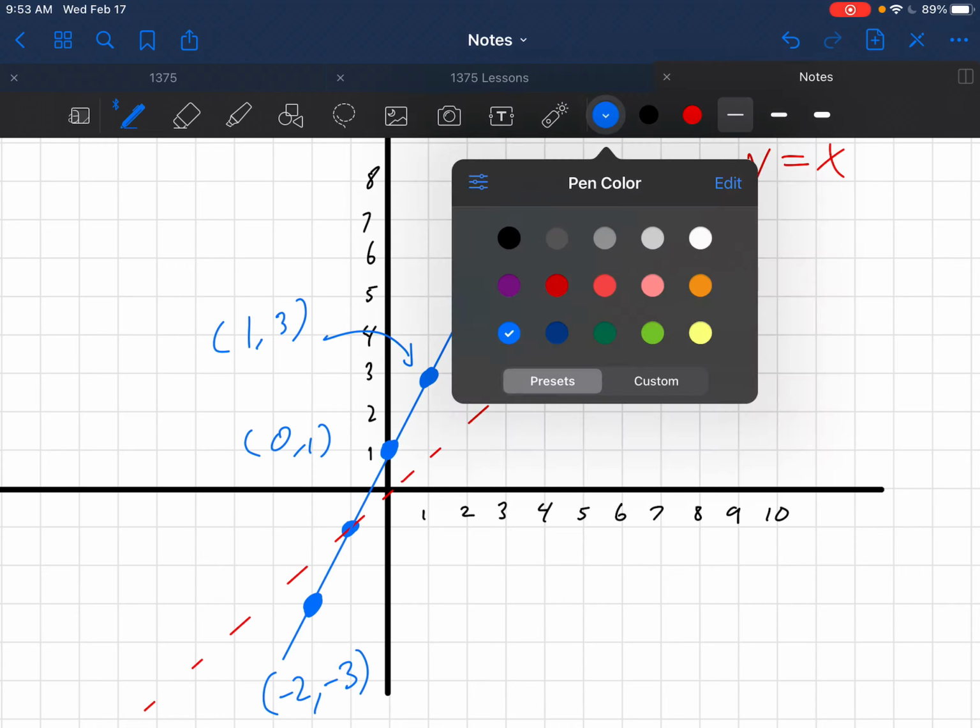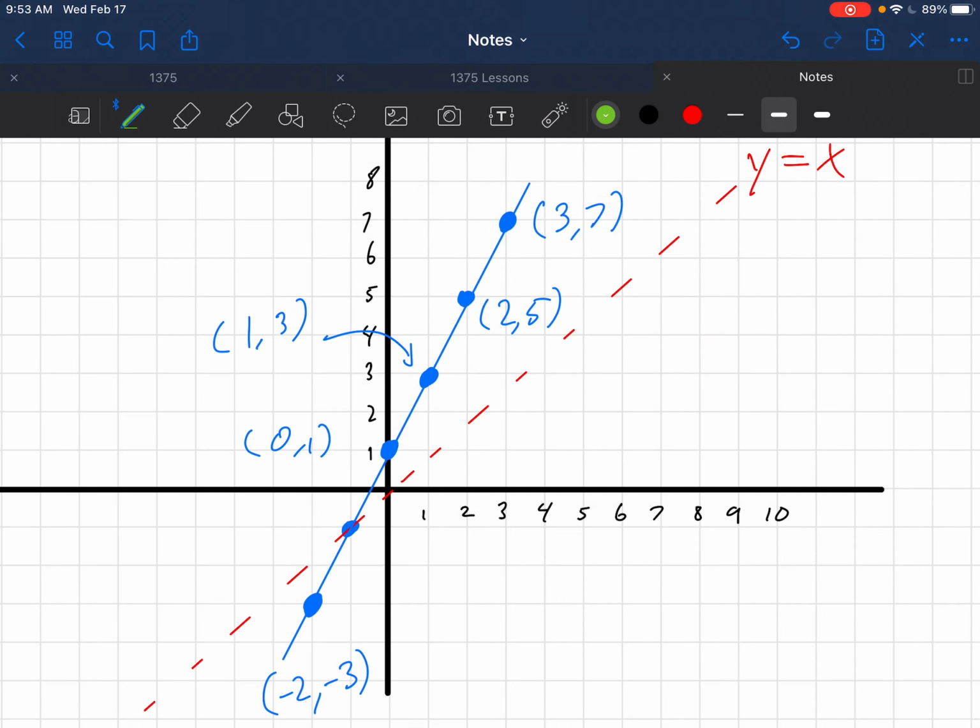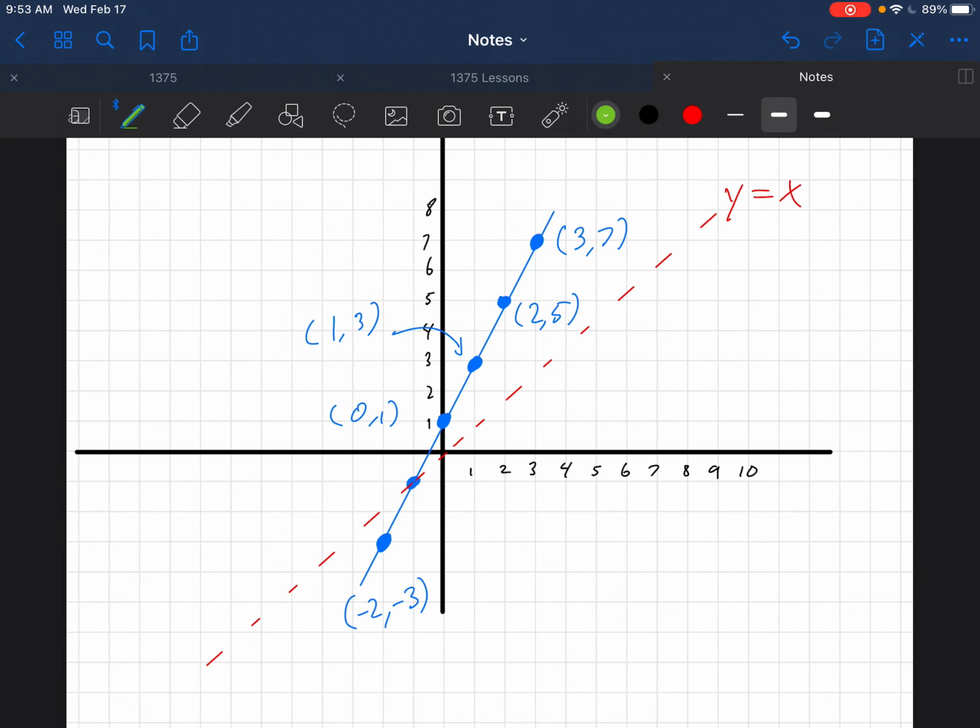So if we want to plot the points on our inverse line, the inverse from (0, 1) would be (1, 0). And then from this point here, (1, 3), that would be (3, 1). And then (5, 2), and then (7, 3). All I'm doing is switching the x and y values for these ordered pairs.